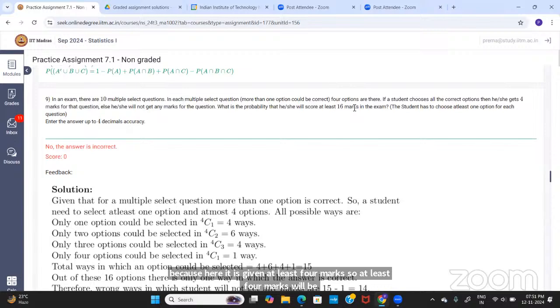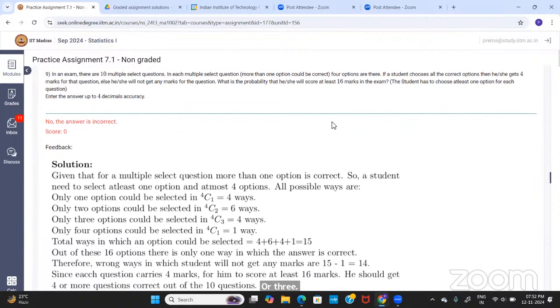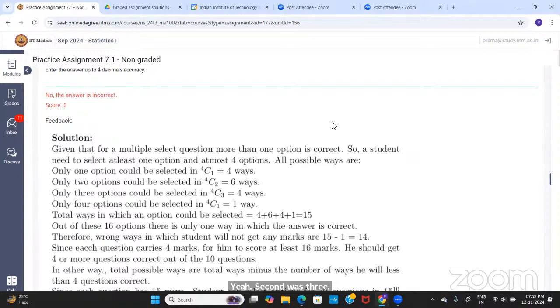The opposite will be at most 3 questions correct.